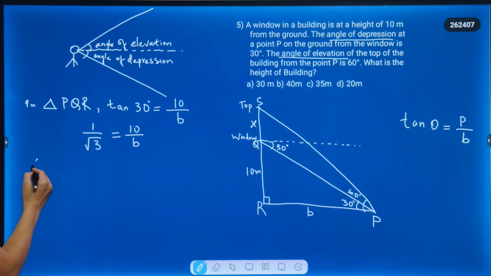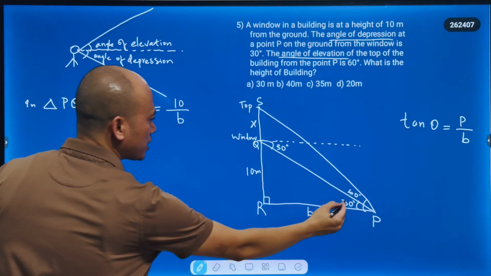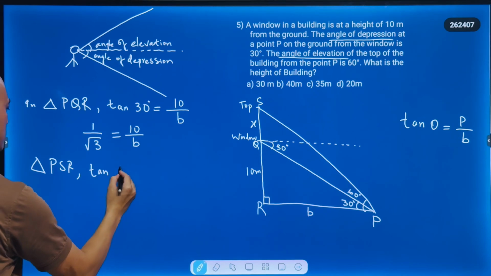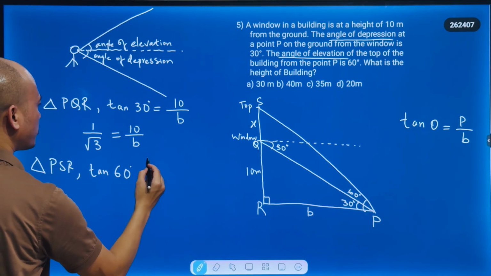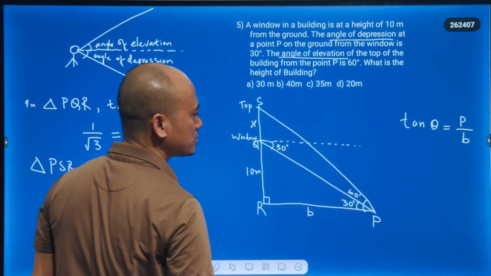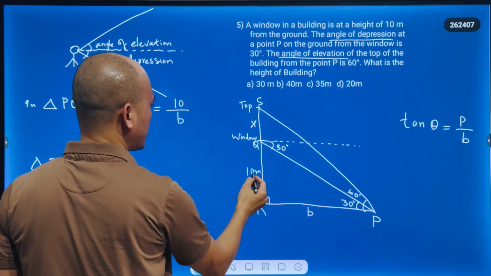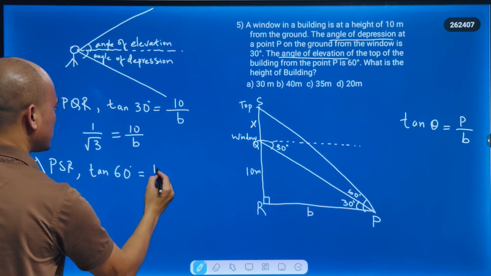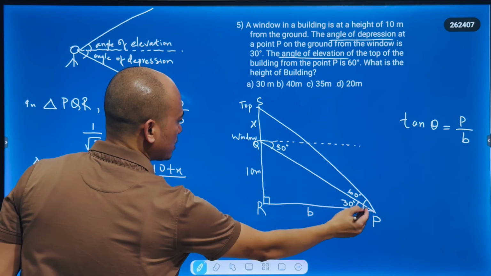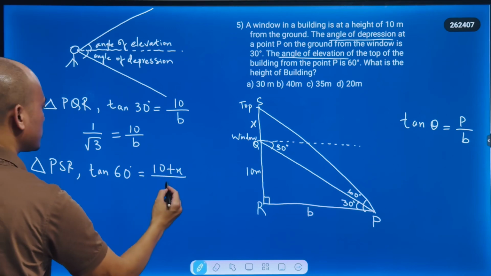Similarly, in triangle PSR, I have 60 degrees, so tan 60 is equal to P by B. The formula remains the same. For tan 60 with theta as 60 degrees, P by B is the same, but here the perpendicular height is SR, which means 10 plus x, over the base. The triangle has the same base PR, which is common, so this is b.